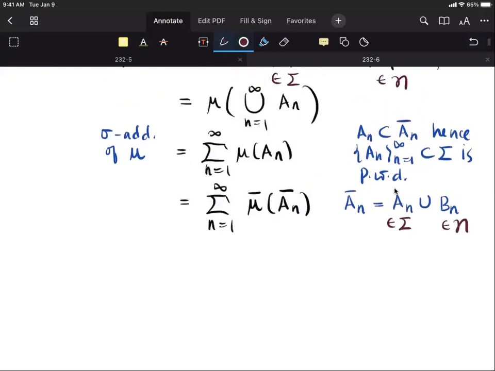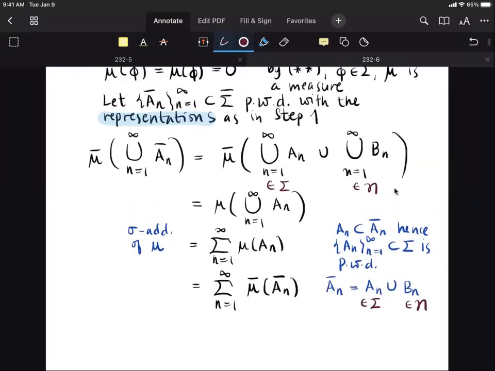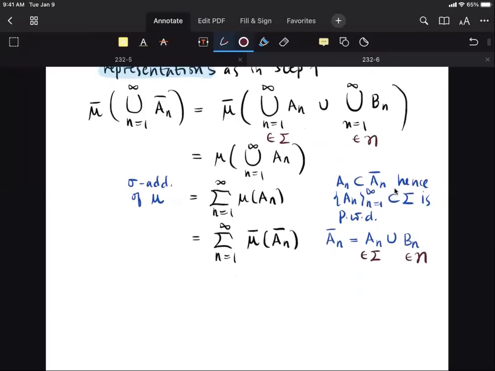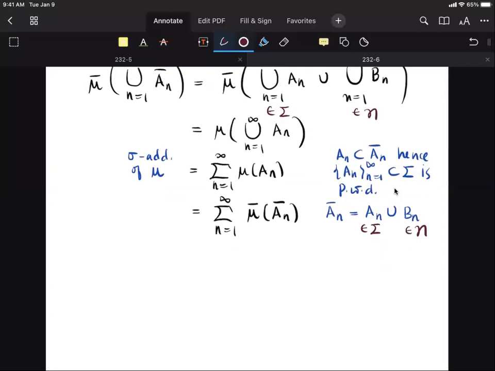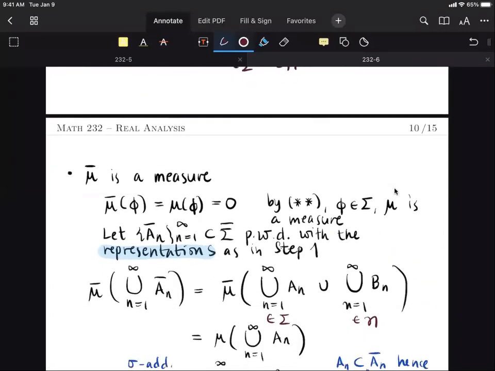So that follows from the definition of mu bar. And that's it. Mu bar of the pairwise disjoint union is the sum of the mu bars. So therefore, mu bar is a measure.